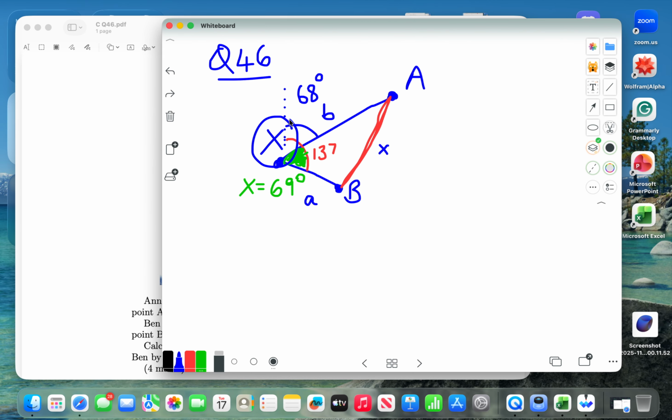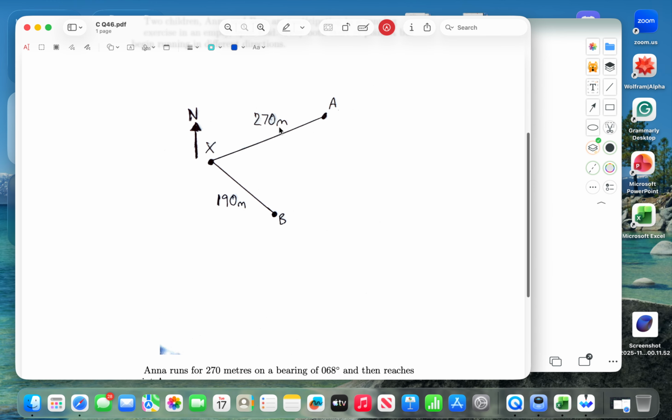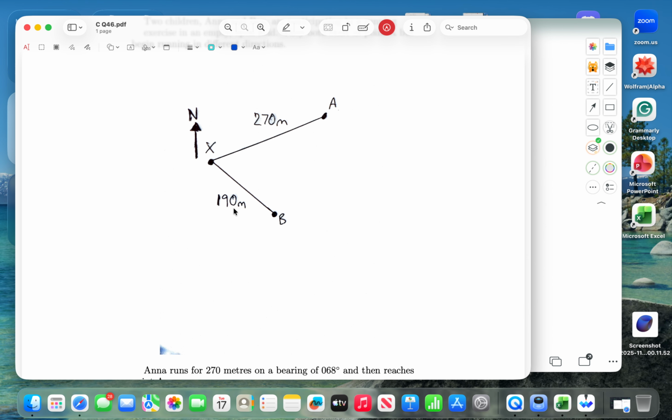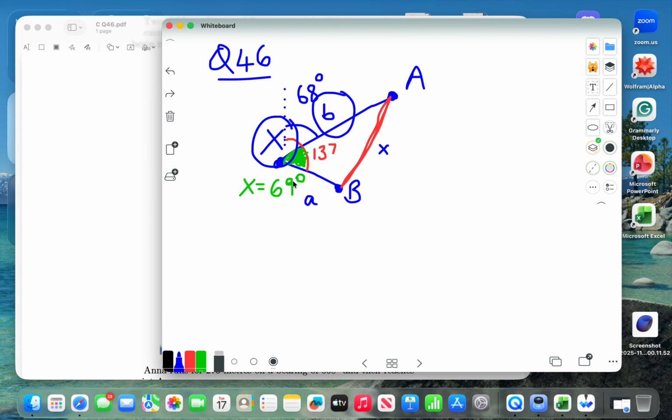We also know small b, the side, and we know small a, and we want to find this side. Now we know two sides and we know the angle in between those two sides, and we want to find the third side, so we can use the cosine rule.